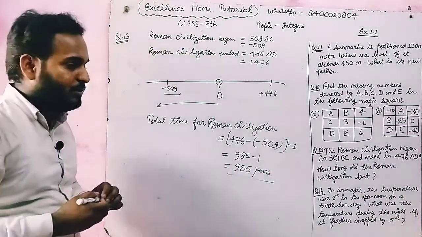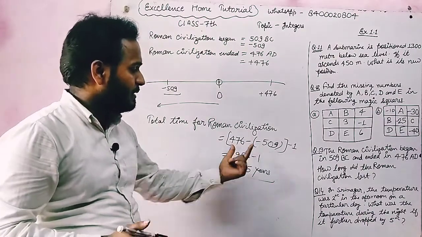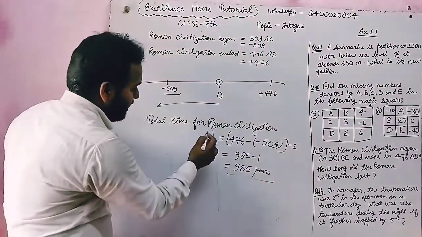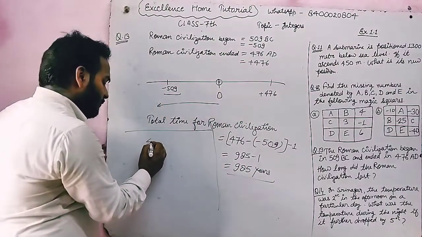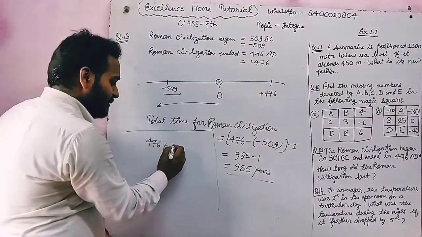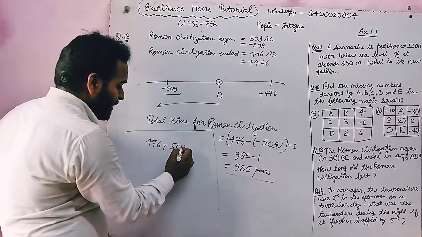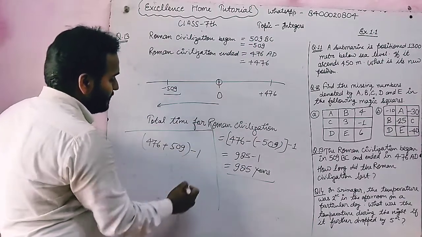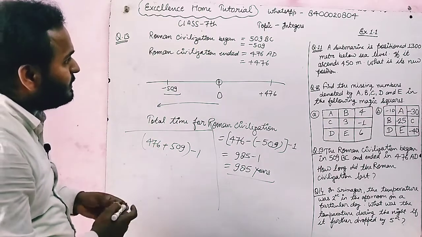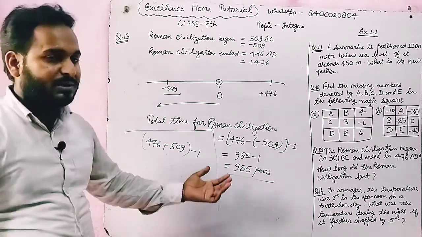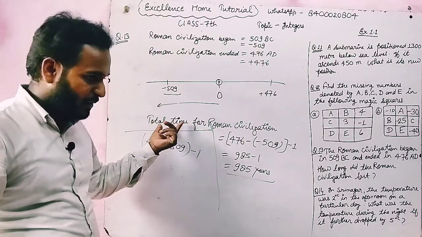You can add both numbers in such a way, because time is measured in positive sign. So 476 plus 509 minus 1, you can use this solution also, because time is taken as positive.